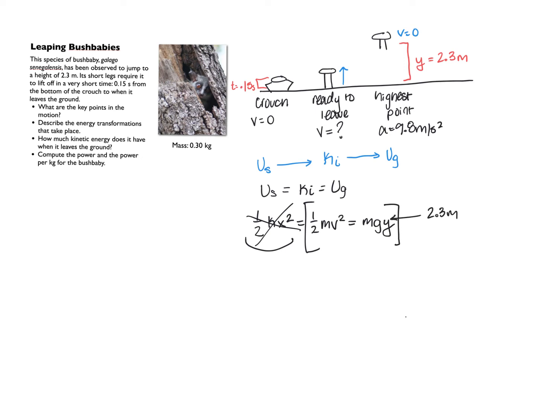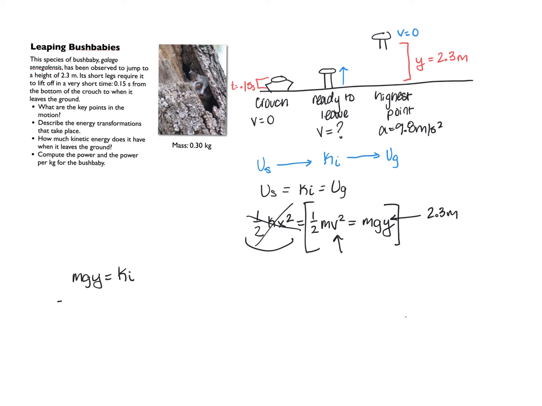I have g, and I have the mass, so I can solve for kinetic energy. mgy is equal to the amount of kinetic energy. I could solve for speed, but I don't have to, since both of these are equal. All I have to do is solve for the gravitational potential energy, which is equal to the kinetic. Thus, we find out how much kinetic energy the bush baby has when it leaves the ground.